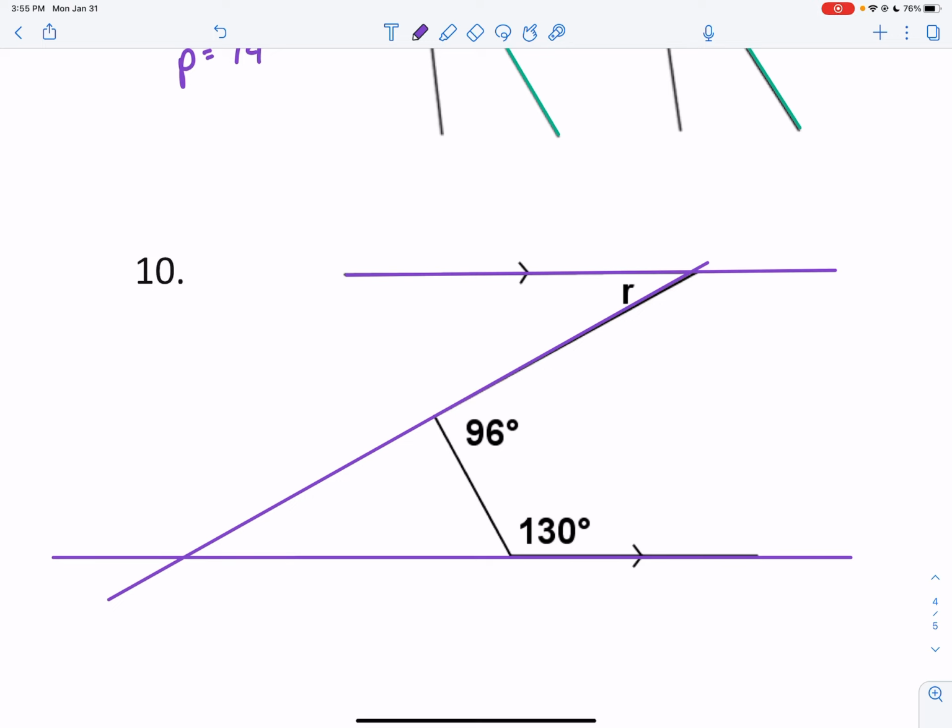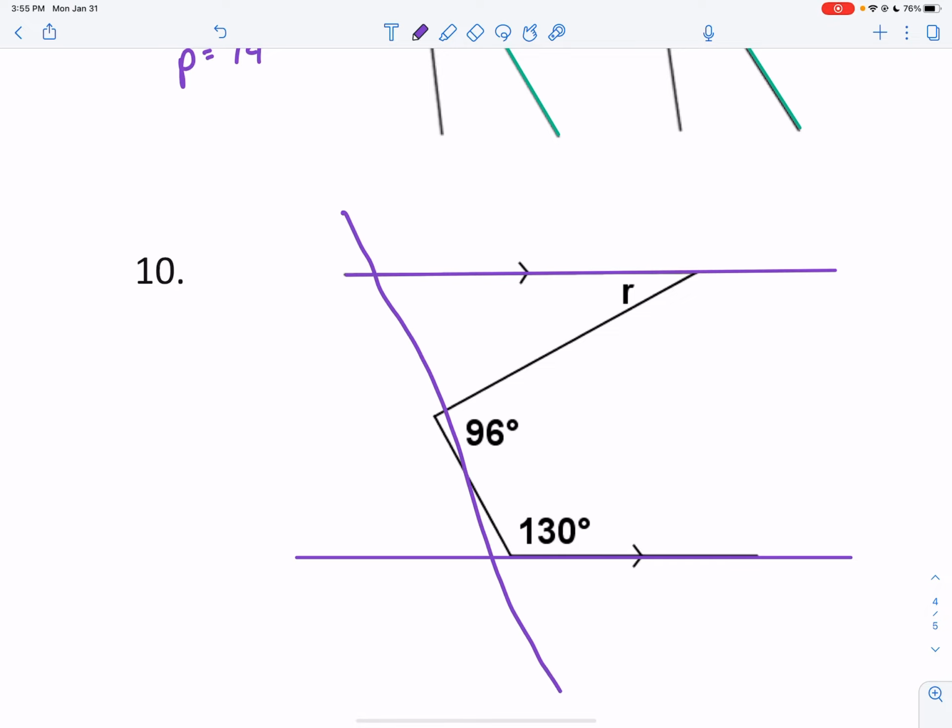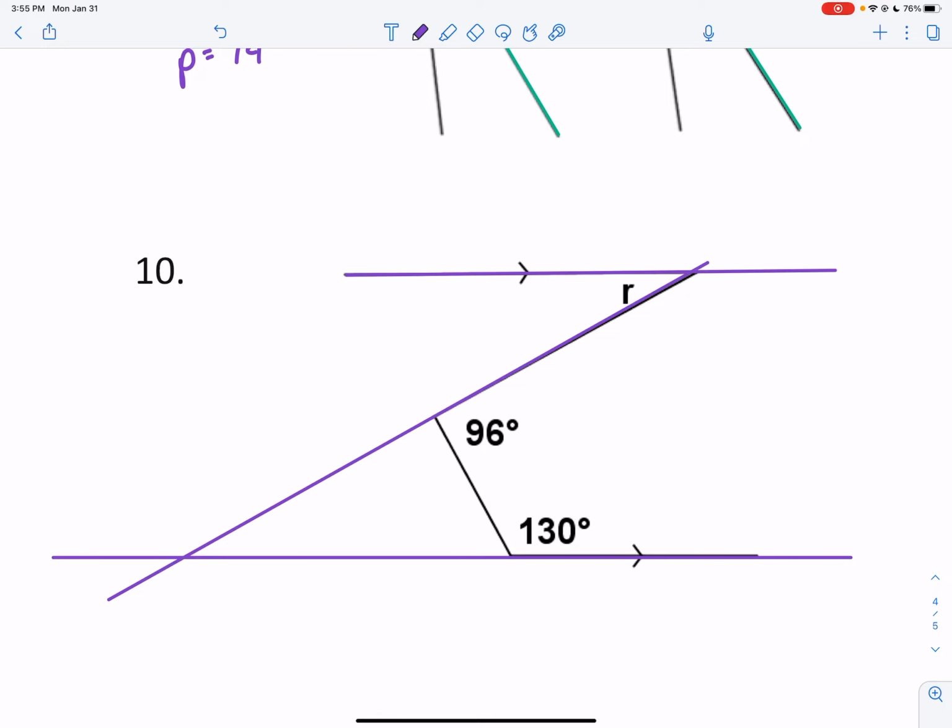Who knows? Let's see if just drawing it like that actually helps us, because R doesn't look like it actually has anything helpful over there. So extending it that far really didn't help us. So let's try extending this one and seeing if that helps us. It could still help us.